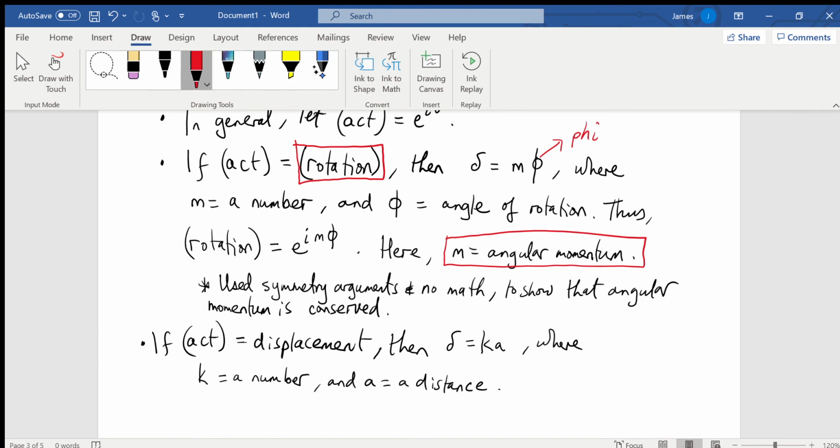Okay, so here we're talking about displacement, linear displacement.